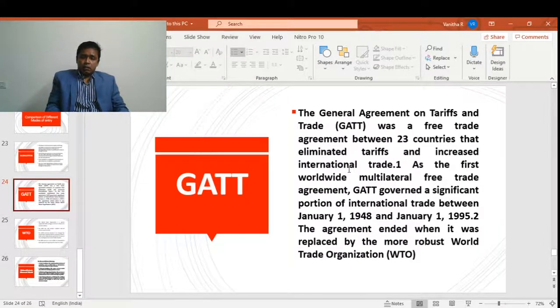So in that regard, I thought of just giving you the connection. GATT was formed in 47, 48, and it is now called the World Trade Organization. So we can discuss more about it in the future.